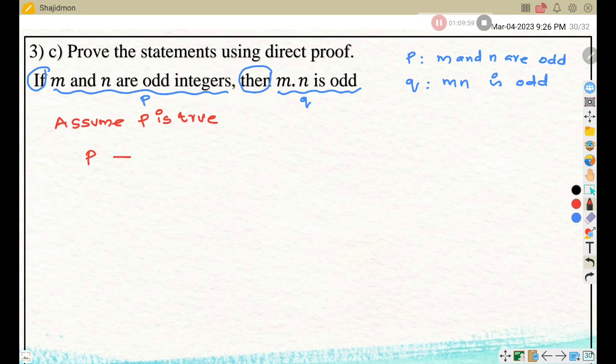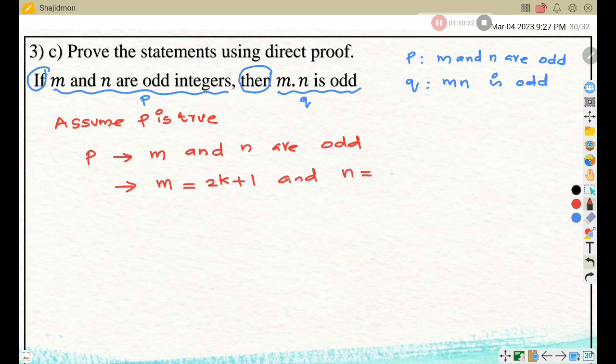That means, what is the meaning of P is true? m and n are odd numbers, odd integers, correct? That means how can we write m and n? Odd numbers. So m, how to write that one? Odd number means 2k plus 1, and n, how to write that one?